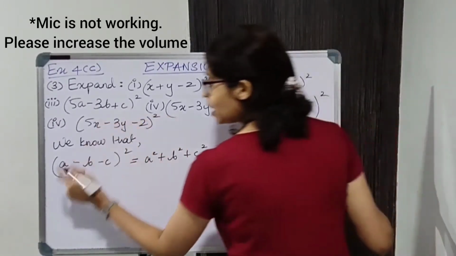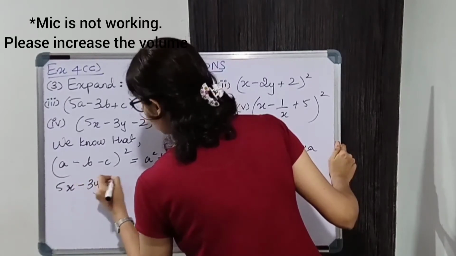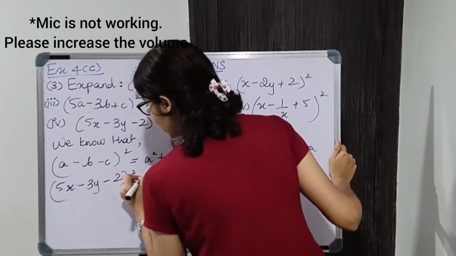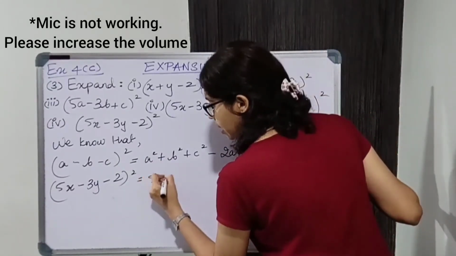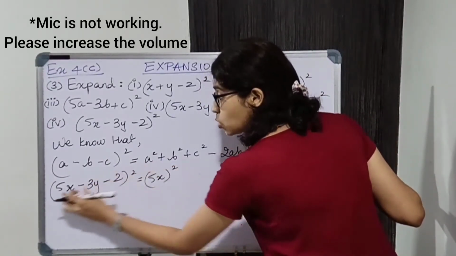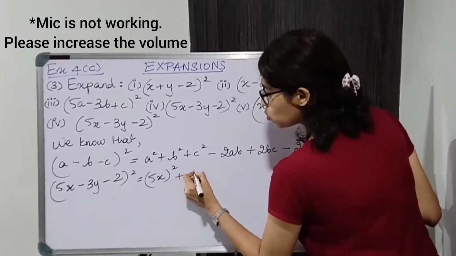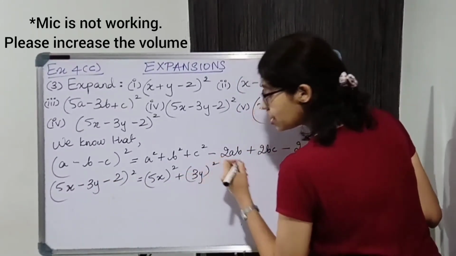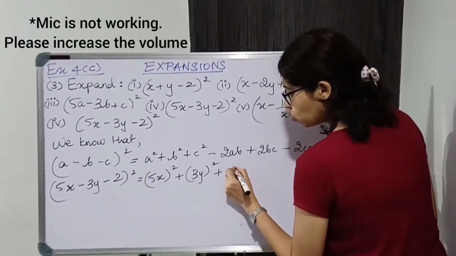Now let us expand this. So (5x - 3y - 2) the whole square is equal to A square, that is (5x) square. This whole thing is a, this whole thing is b. Okay? So (3y), put brackets and then square, plus 2 square.